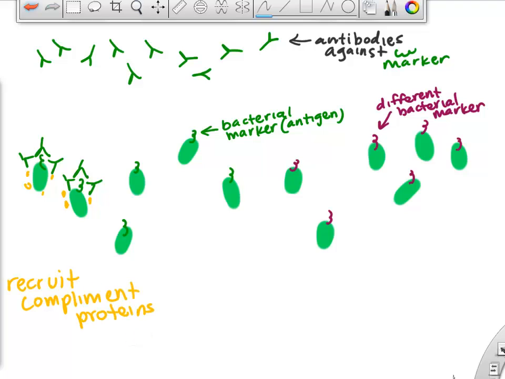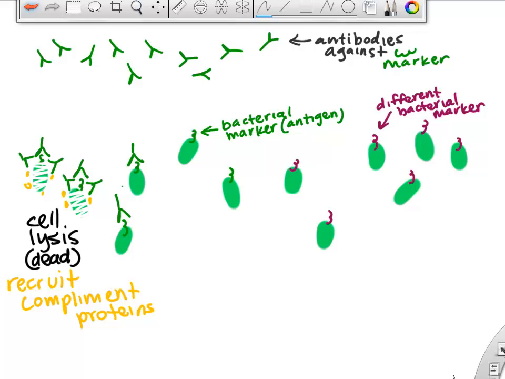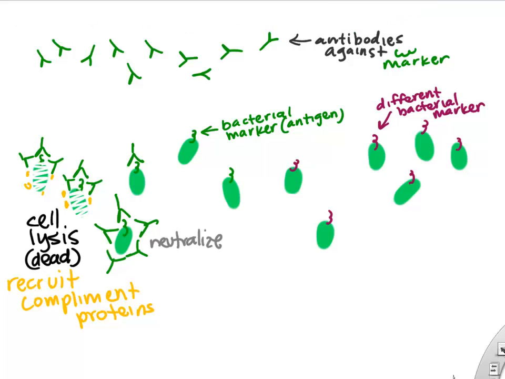One thing antibodies can do is to recruit complement proteins. The complement proteins can punch holes in the cell membrane, causing the bacteria to die. The other thing the antibodies can do is to basically surround the bacteria and neutralize it so that it can't invade your tissues.